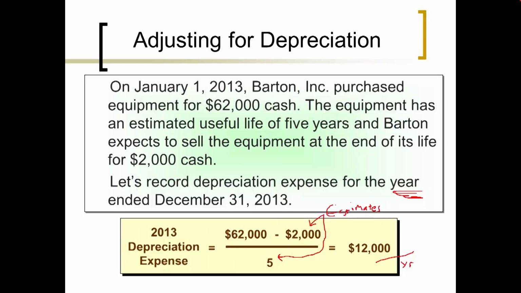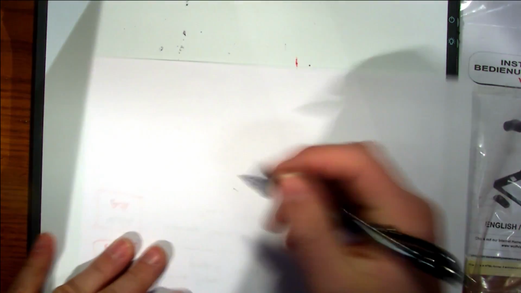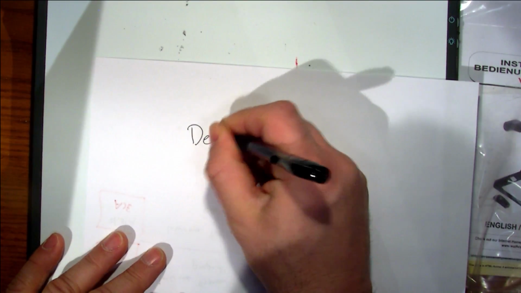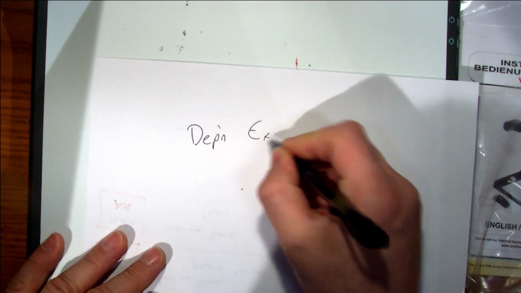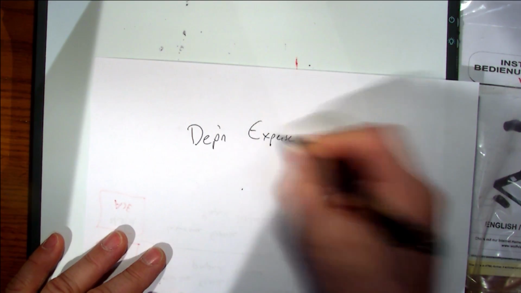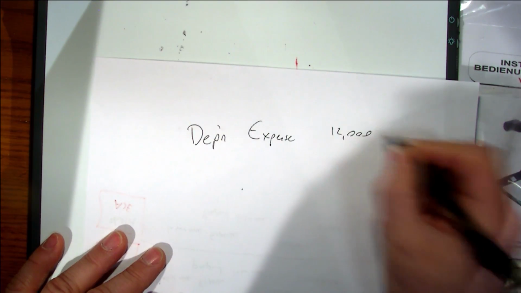So let's look at this screen again, the computer. Now what you might think, the journal entry that you think I might make, okay, it's $12,000 per year. What you think I might do is this. Depreciation expense, $12,000.